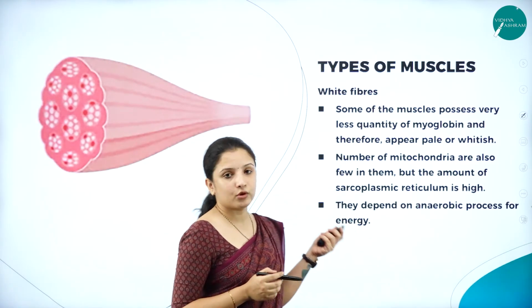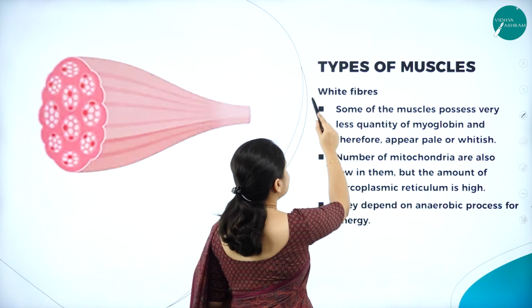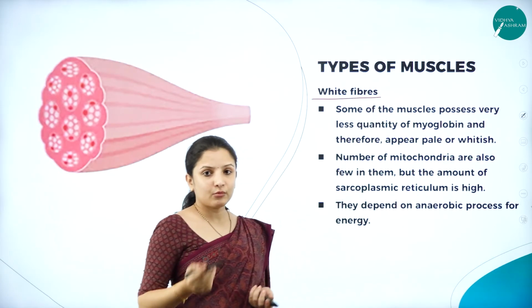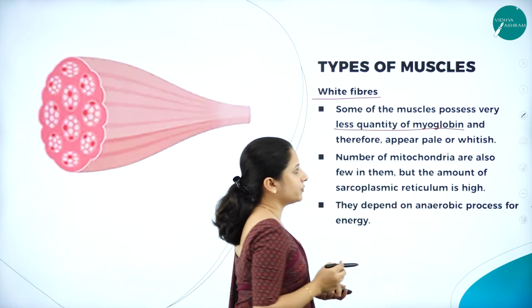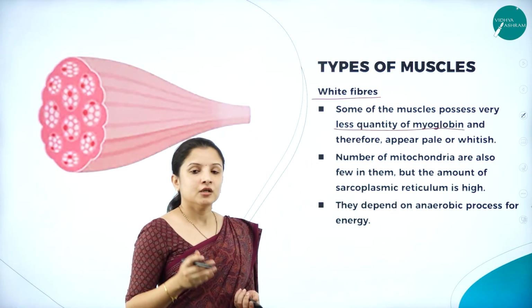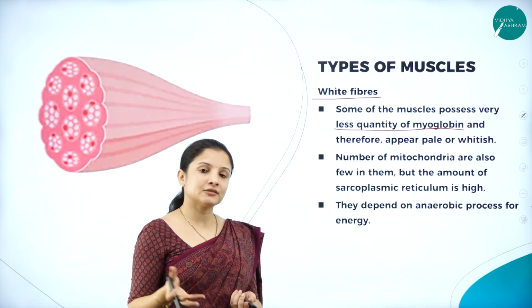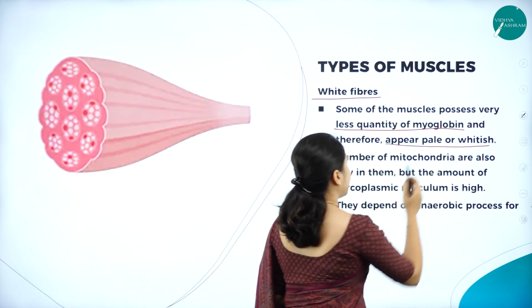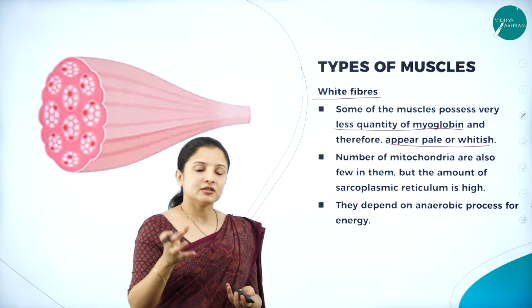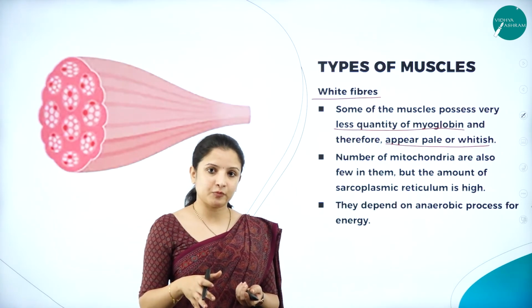Moving further to one more type of muscle, which is called the white fibers. Some of the muscles possess very less quantity of myoglobin, and therefore they appear pale or whitish in color. Less quantity of myoglobin means less amount of oxygen, and because of less oxygen, there is less ATP production.